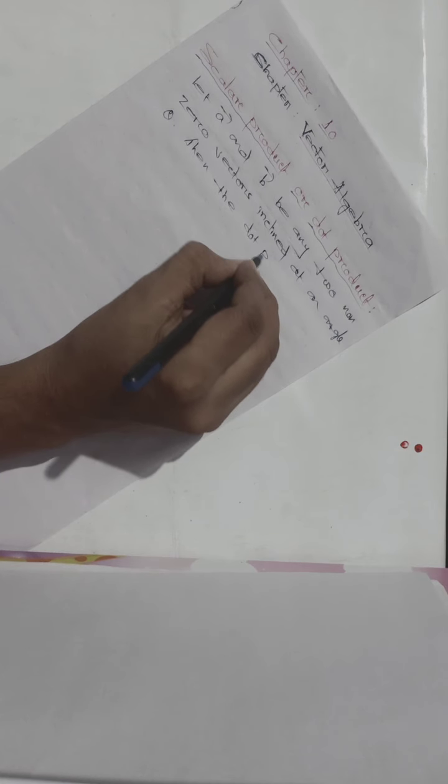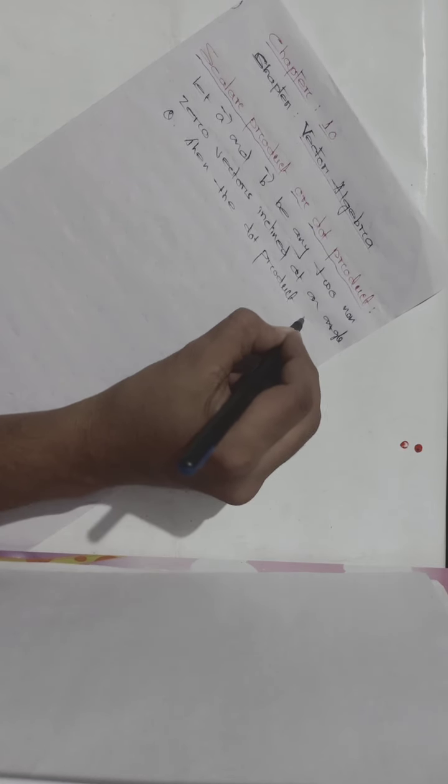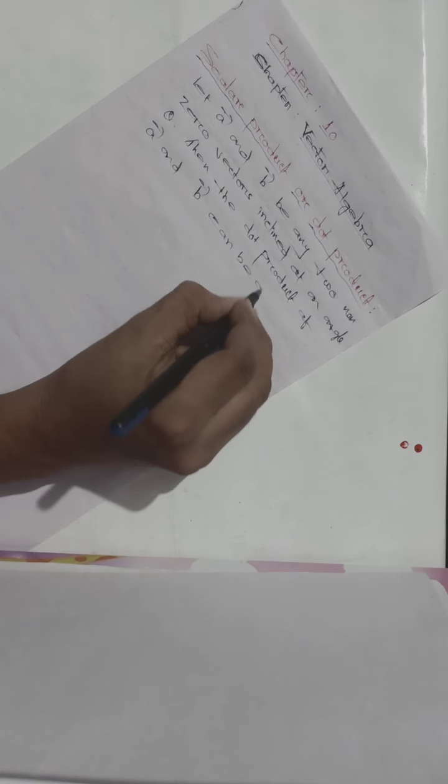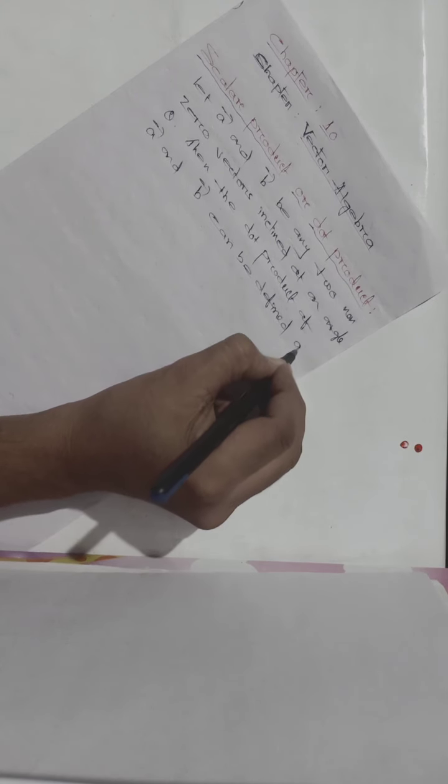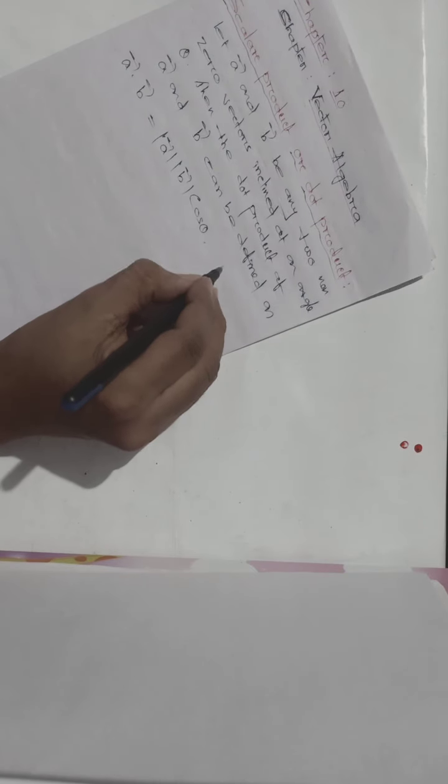The dot product or scalar product of vectors A and B can be defined as A dot B equal to magnitude of A into magnitude of B into cos theta, where theta lies between 0 and pi.